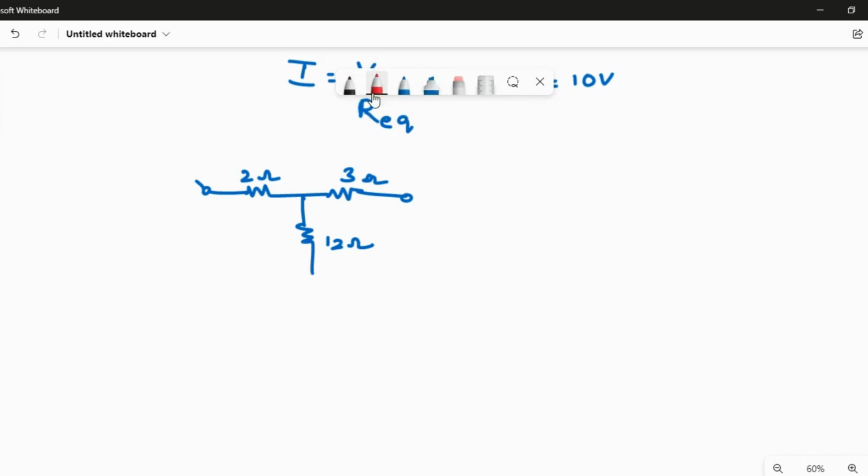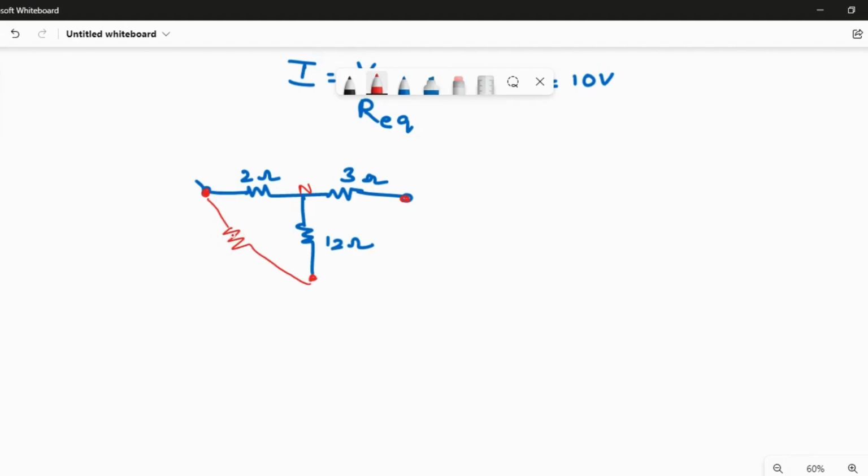Let us first find the terminals of the star network. This is one terminal, this is the second terminal, and this is the third terminal. And this one is called the neutral point, where one end of all three resistors is connected to a point. That point is called the neutral point in star connection. Between the remaining three terminals, you have to connect resistors, that is the delta.